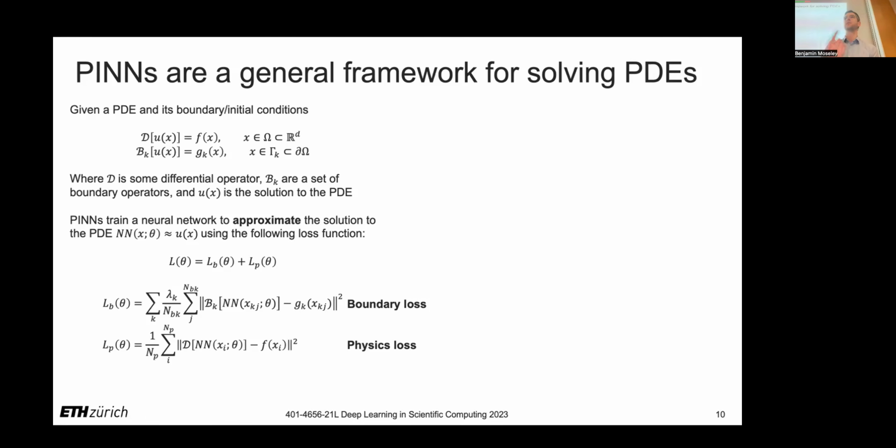I've just bunched it all into one letter. Then we have some differential operator that we apply to u, and it equals a forcing term. As I said before, to actually define the problem, we also need to define boundary conditions. So we have boundary operators, and there can be k of them.